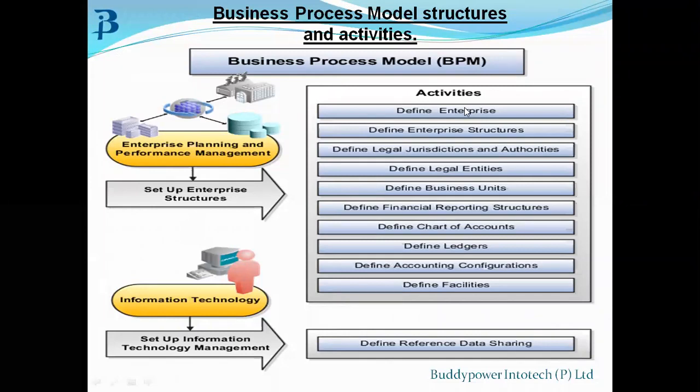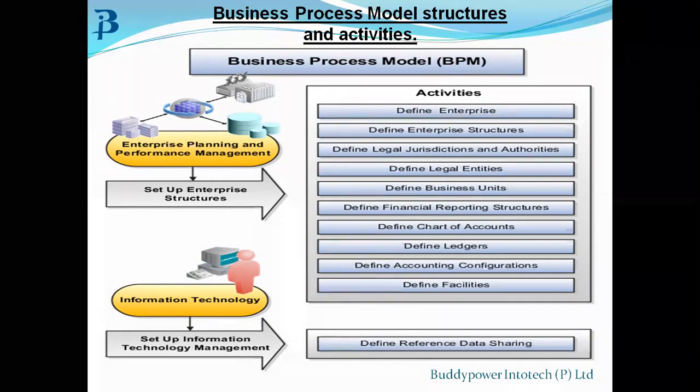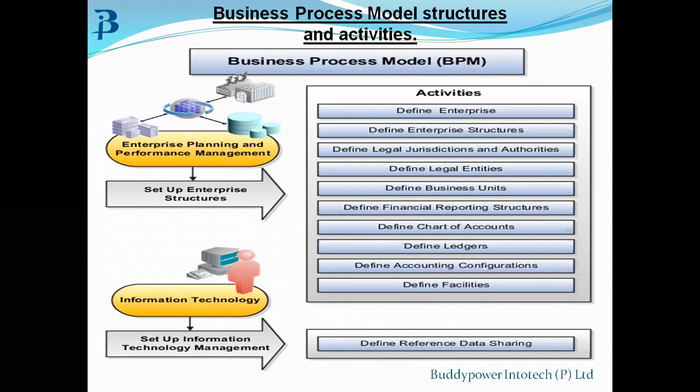So what we do here is we define the enterprise to get the name of the deploying enterprise and the location of the headquarters. Then we define the enterprise structure, to represent an organization with one or more legal entities. Now, a legal entity is a recognized party with rights and responsibilities given by legislation.